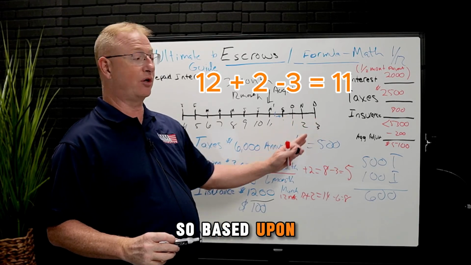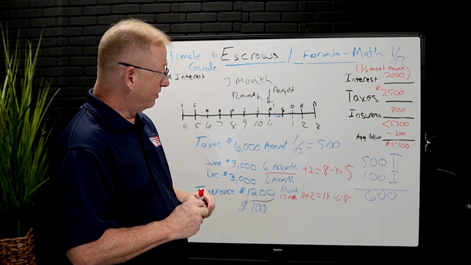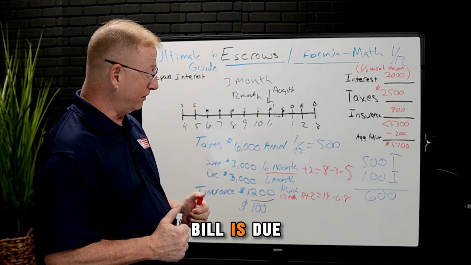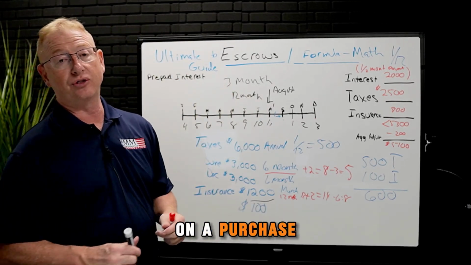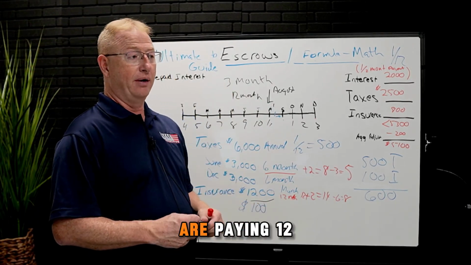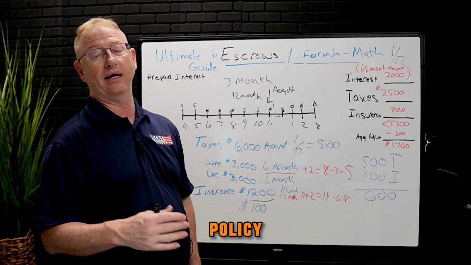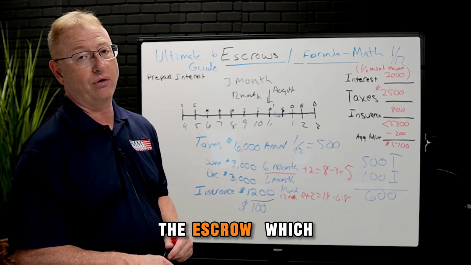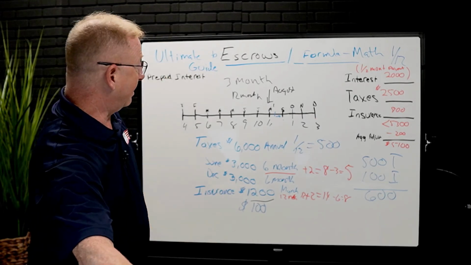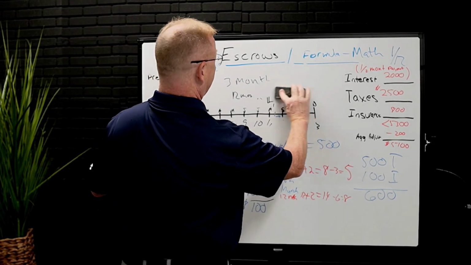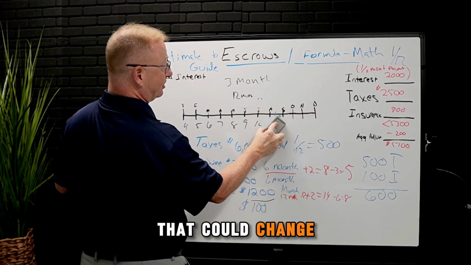So based upon this equation, you're going to make 11 payments before your next August bill is due. 11 from 14 is 3. So on a purchase, you really fundamentally are paying 12 to have a 1-year paid policy and 3 in the escrow, which is effectively 15 months. My last point: on a refinance that could change these numbers.